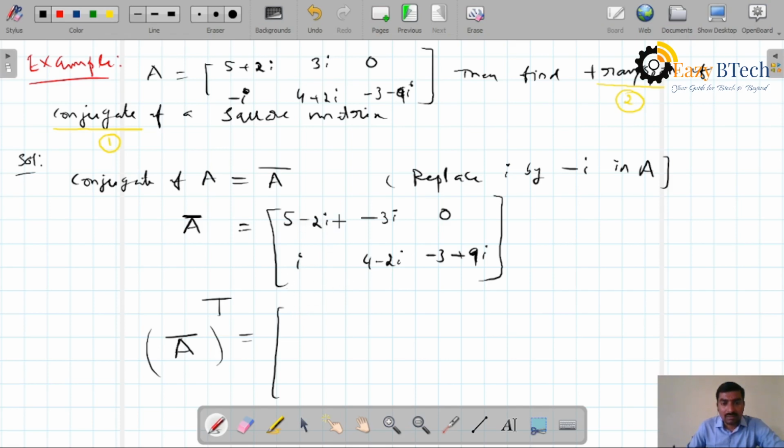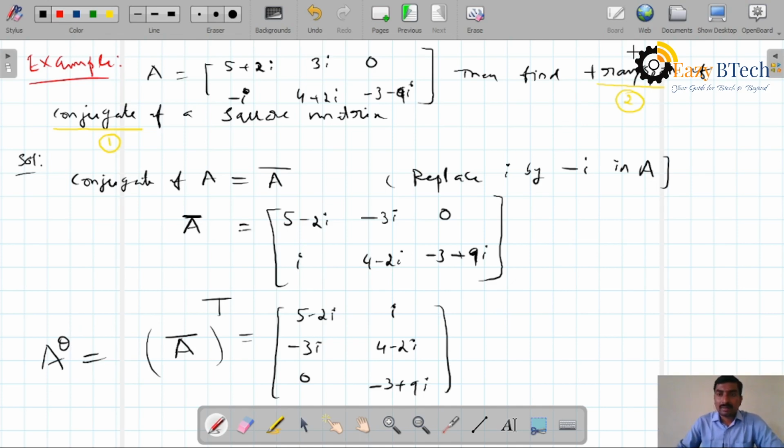Here the first row is 5 minus 2i, minus 3i and 0, so the first row is converted into the first column. Similarly, the second row, i, 4 minus 2i, minus 3 plus 9i, is converted into the second column. So this is the conjugate transpose of A, or the transpose of the conjugate of A. It is simply denoted by A power theta. This is the example.